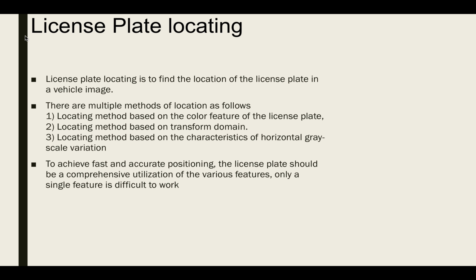There are multiple methods of locating as follows. Locating method based on the color feature, based on the transform domain, based on the characteristics of horizontal grayscale variation. But to achieve fast and accurate positioning, the license plate locating should use a comprehensive utilization of the various features.